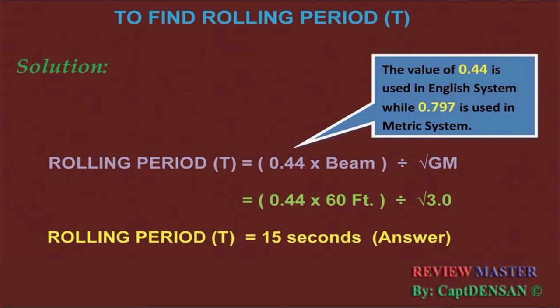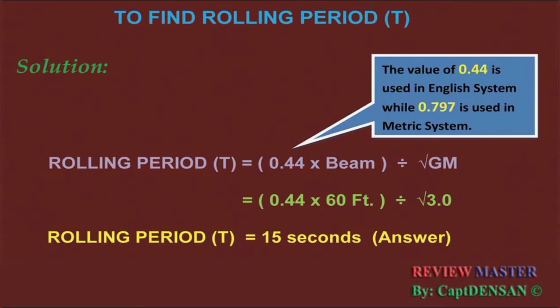Alright, so we have here the rolling period formula. For the English system, we have 0.44 as the constant, and for the metric system, we have 0.797, times the beam divided by the square root of GM. This is what I was talking about a while ago in the second slide.